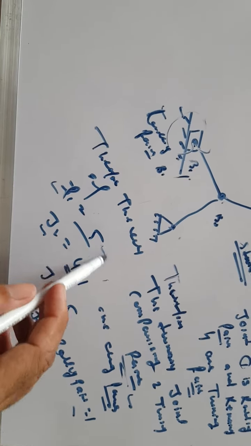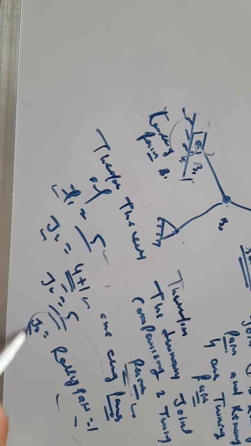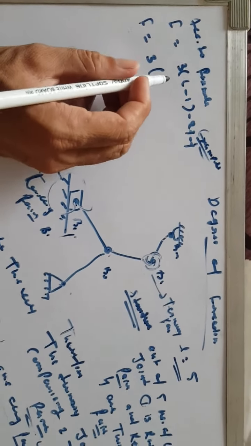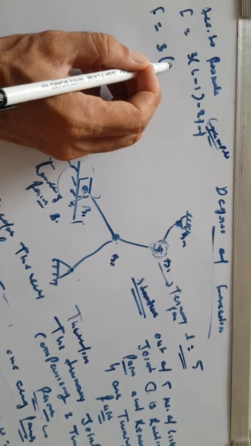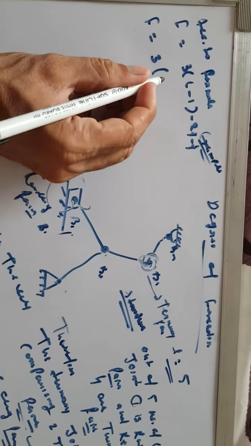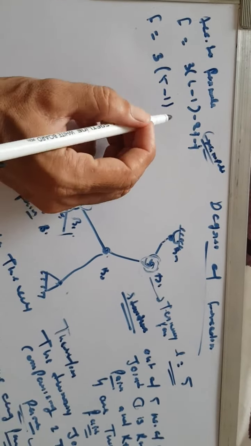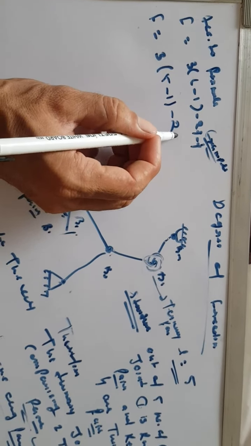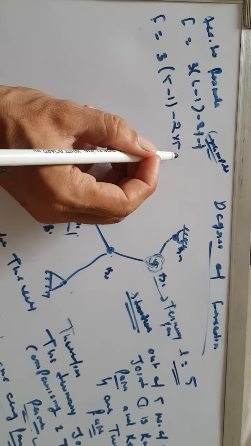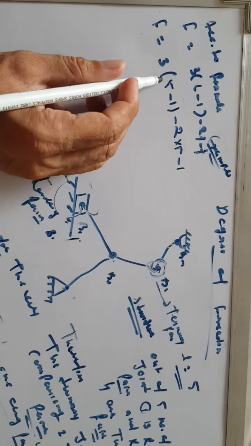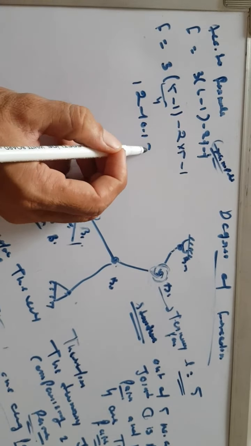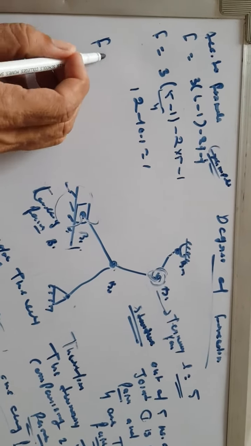So put all the values here: the value of L is 5, minus 1, minus 2j, where j is 5, and minus 1. 4 4s are 12, minus 10, minus 1 is equal to 1. So F is equal to 1.